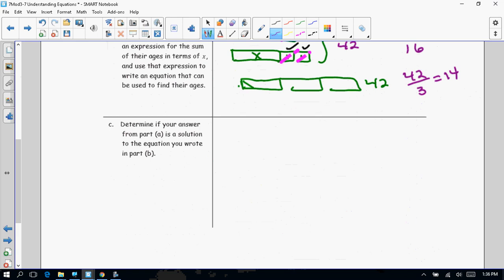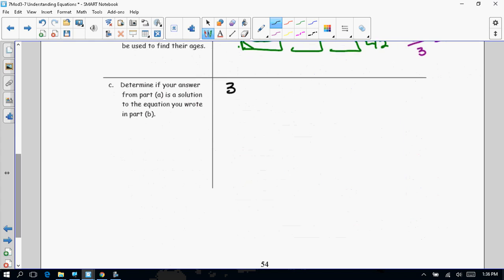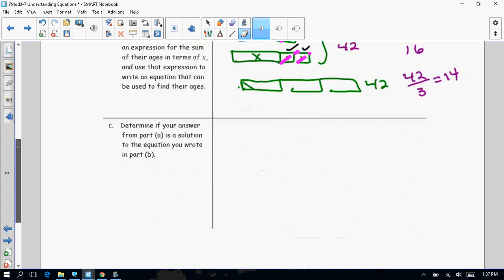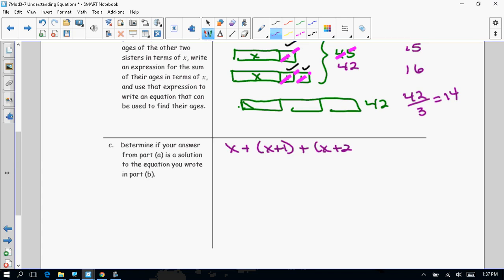Determine if the answers in part A and B are actual solutions. What did we have up there? We had X plus X plus 1 plus X plus 2, and we said that all equaled 45. And we said that X was 14.